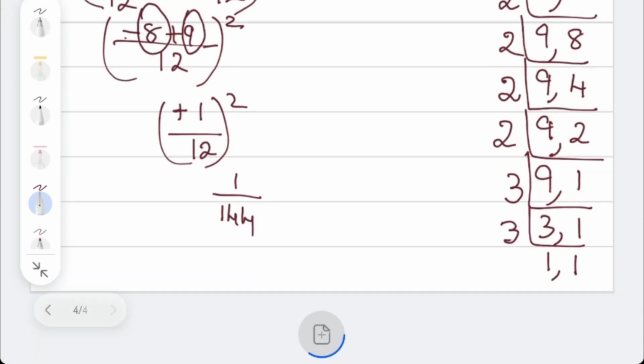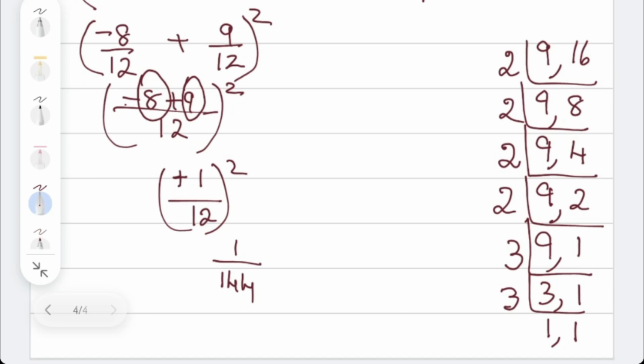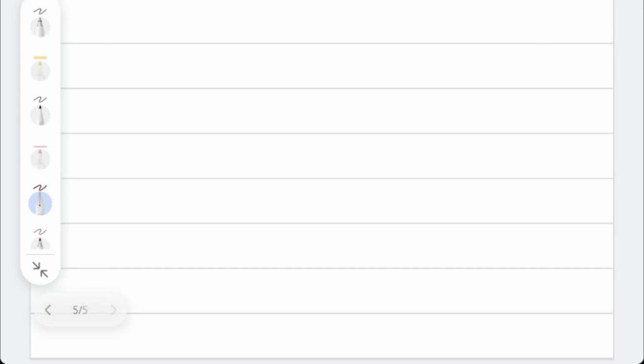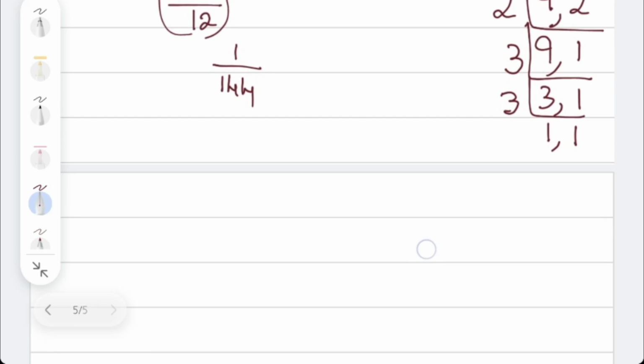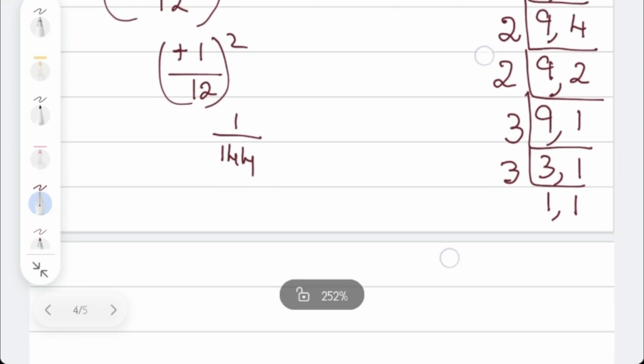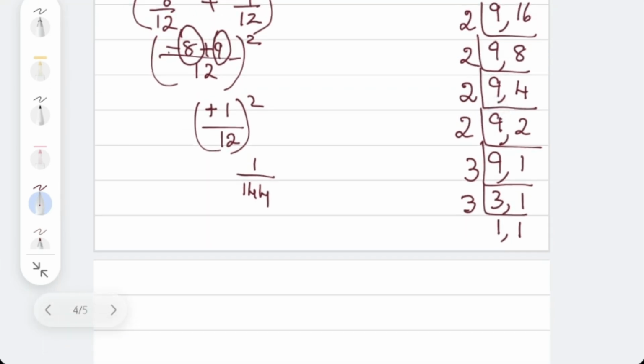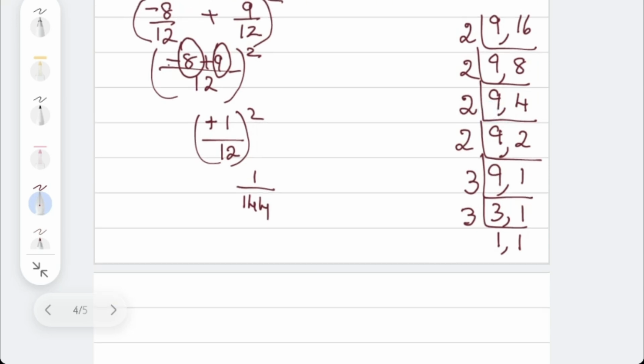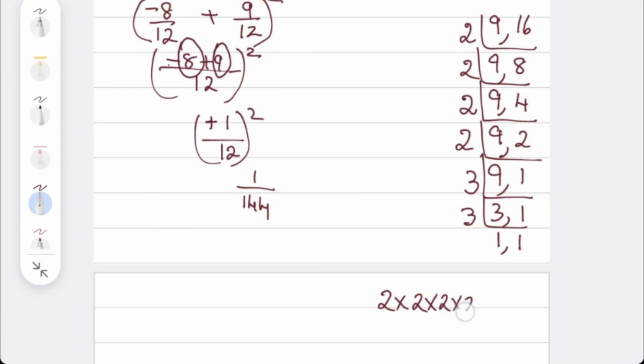So how do we find the LCM? The LCM is multiplying all the factors. It was 2 into 2 into 2 into 2, and then into 3 into 3.